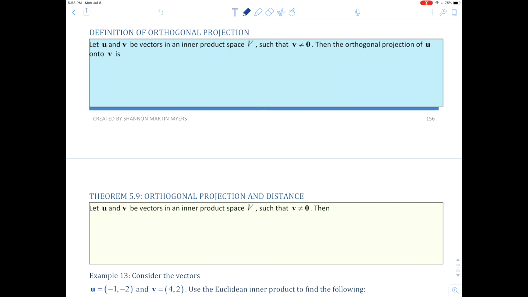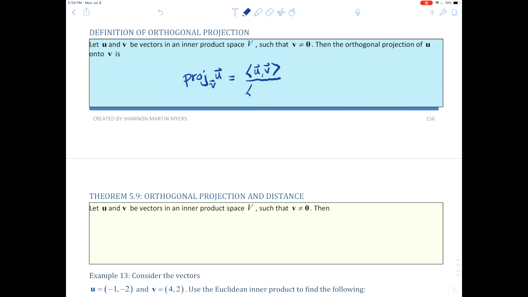If that's so, then the orthogonal projection of U onto V equals the inner product of U and V over the inner product of V and itself times V. How I remember this is that the vector that's doing the projecting is the bigger one, and the subscript is the one that's being projected on.